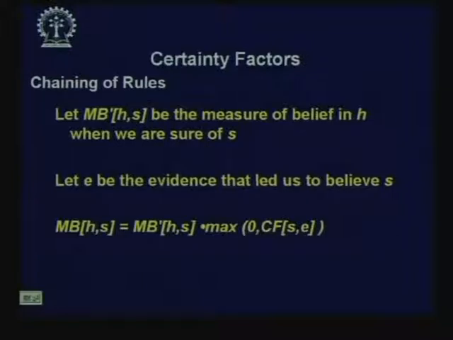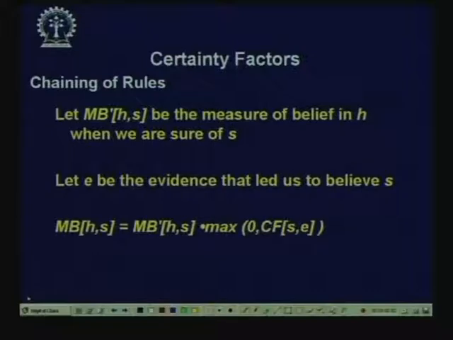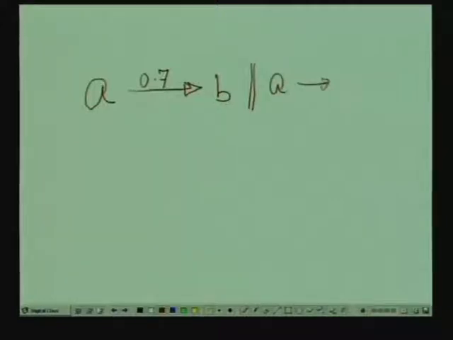Now, what was really attempted to be explained here is something like this. I have got some antecedent A pointing to some other antecedent B with some certainty, say 0.7. This is equivalent to writing it as A implies B with 0.7.